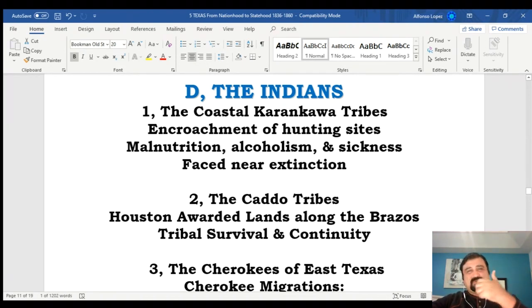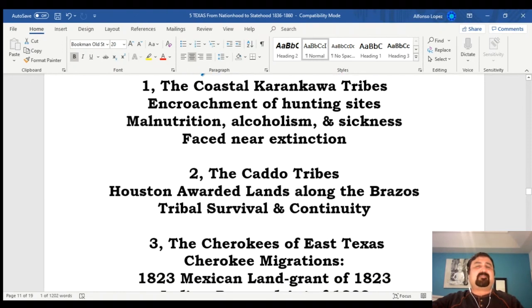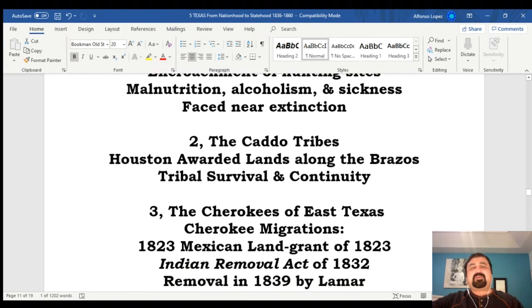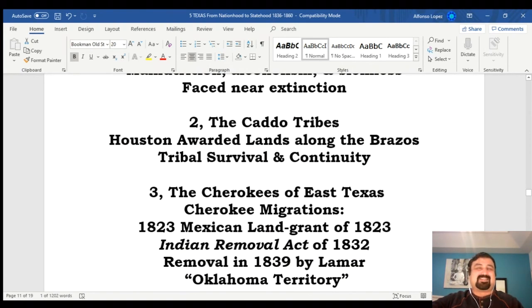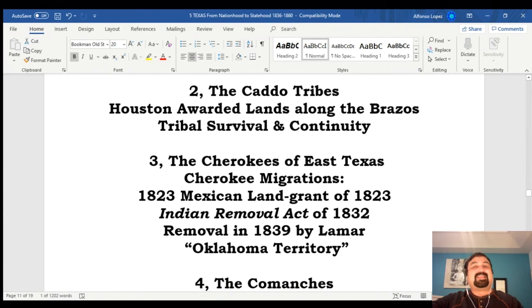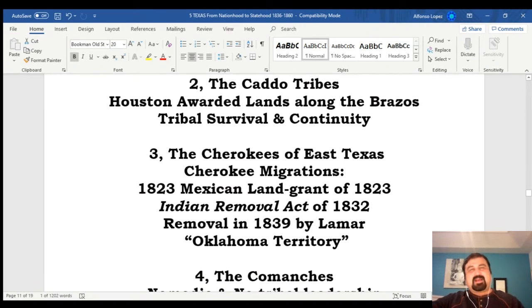There's an exposure to epidemic disease that is introduced by the different peoples coming into Texas, and that leads to a great reduction of the Karankawa population, so that by the late 1840s they were already experiencing what is called a near extinction. Okay, they were largely reduced to the point that it was uncertain whether they were going to remain a distinct group among the Native Americans of Texas, because they were being reduced significantly.